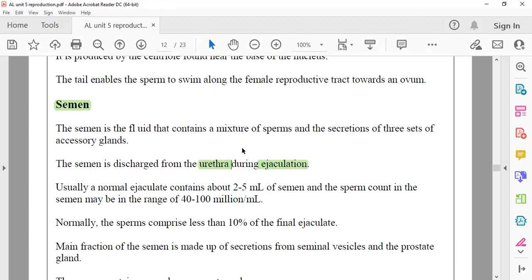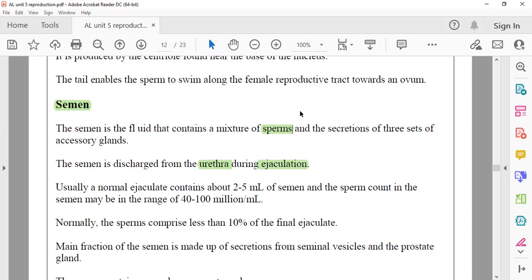In the semen, there will be sperms. In addition to sperms, those glands are there, no? Seminal vesicle, correct? Prostate gland, bulbourethral gland, their secretions are also in it.